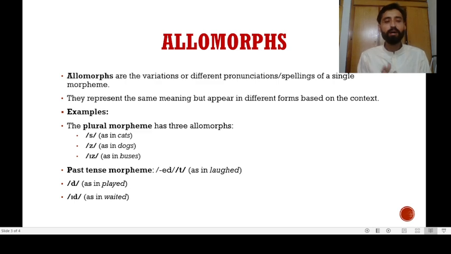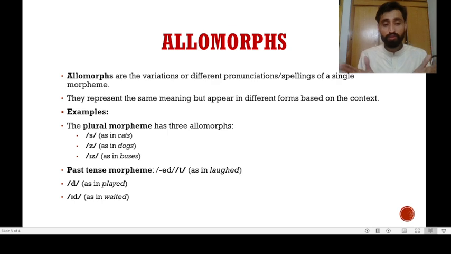And the next one is buses, iz. Now this plural morpheme has three allomorphs, s, z and iz. So I hope you got the idea that this plural marker is a morpheme, and the variations in such words like s, z and iz are allomorphs.